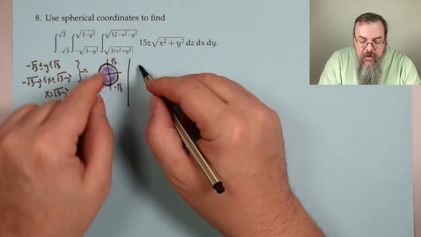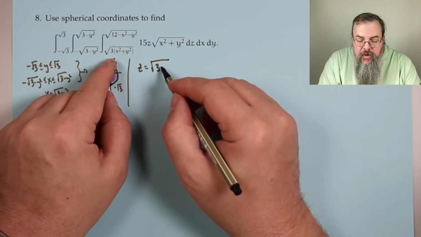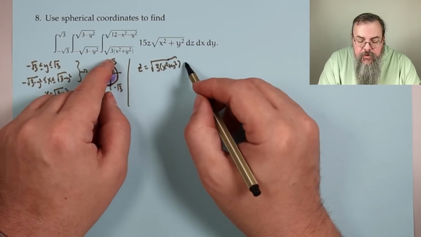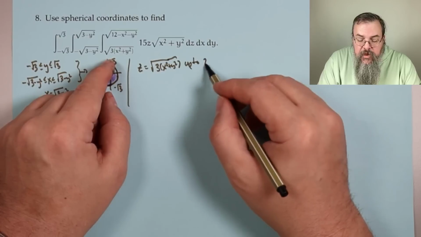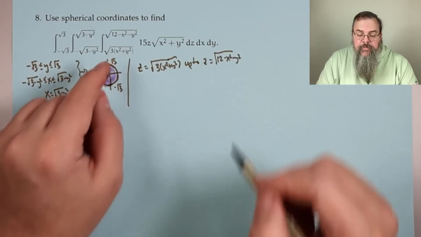So z goes from root 3 times x squared plus y squared and up to z equals root 12 minus x squared minus y squared.